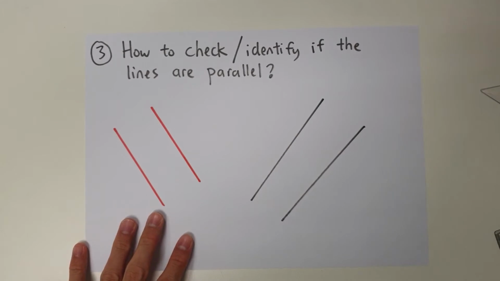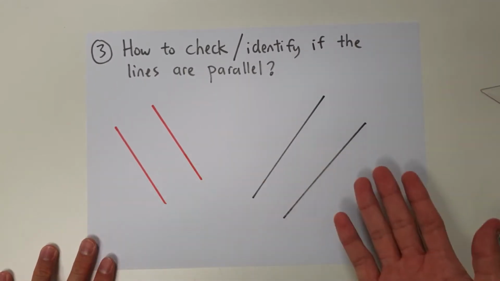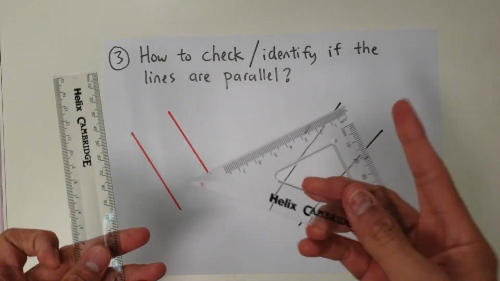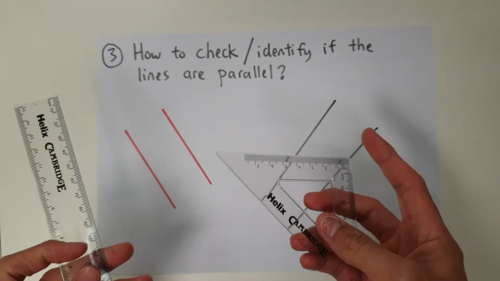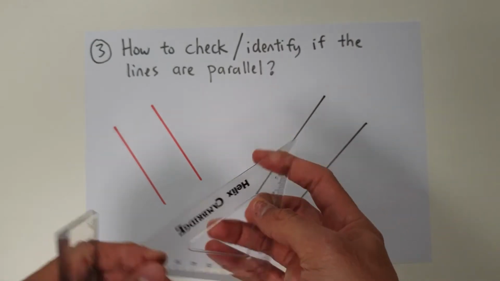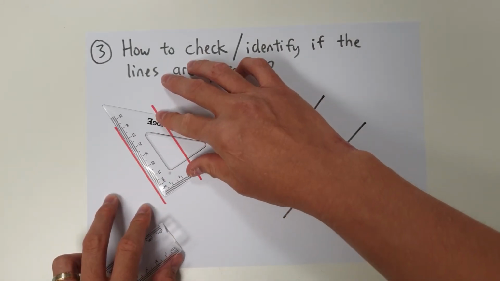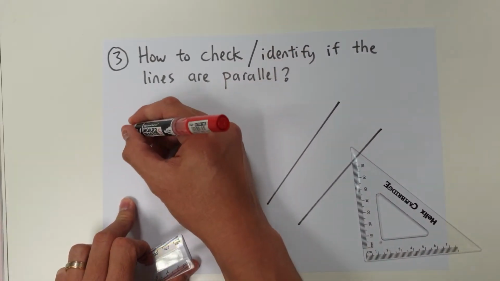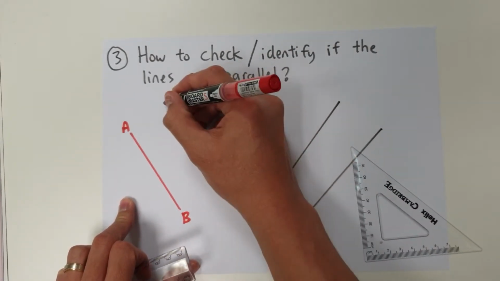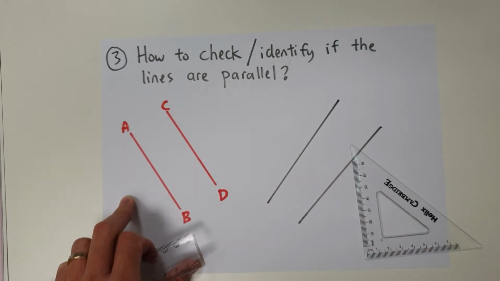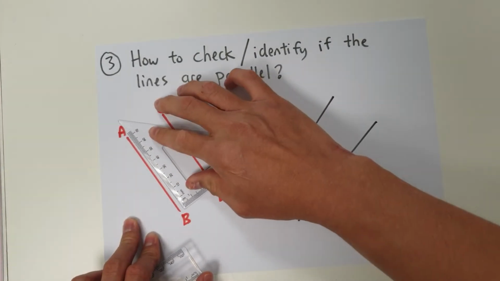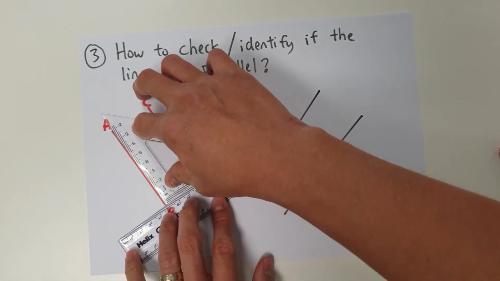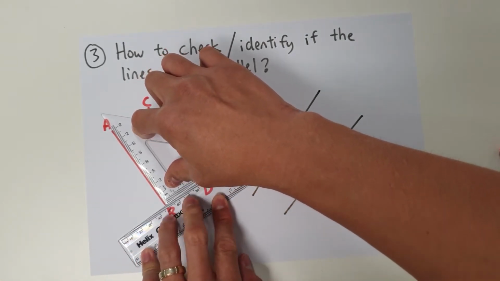So how do we check or identify if lines are parallel? First, we're going to use our ruler and our set square to find out if they're parallel. We're going to use this part of the set square to align it with the first line. Okay, let's label the lines AB and CD. Putting our set square on line AB perfectly, we're now going to put the base of the triangle with our ruler.